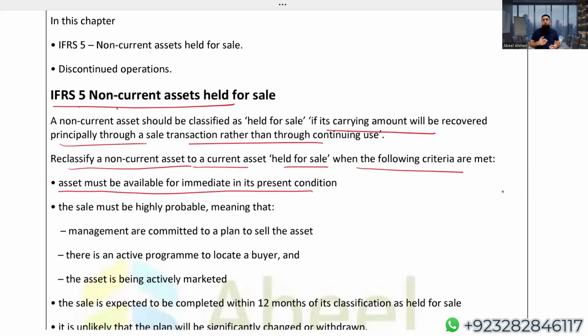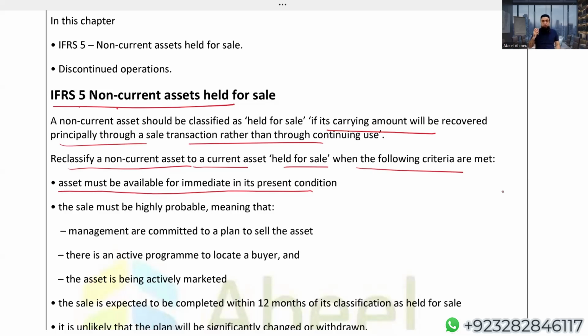Another example could be, for example, you want to sell a building. But before selling it, the company has decided to do the renovation. People have just started the renovation, and during renovation, your company came to know that something is wrong with the foundation of that building, which needs correction work.